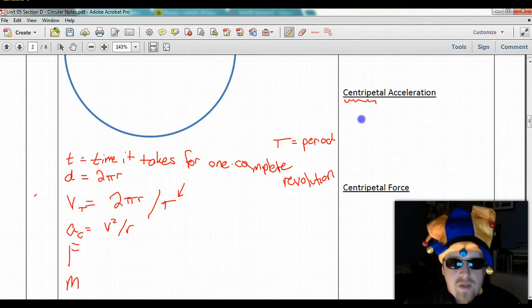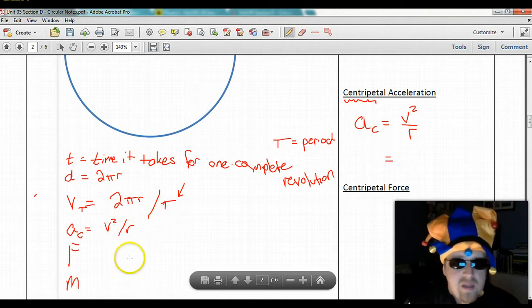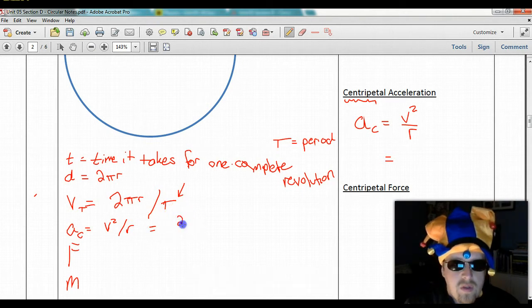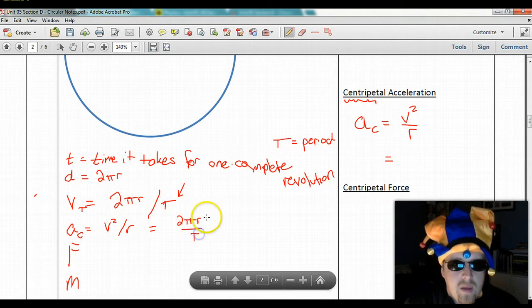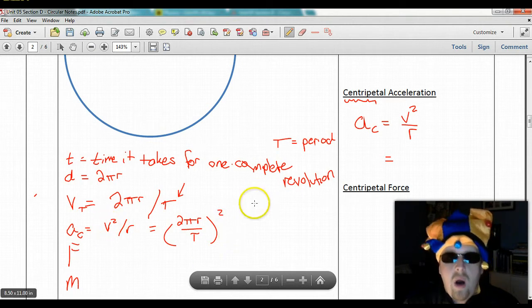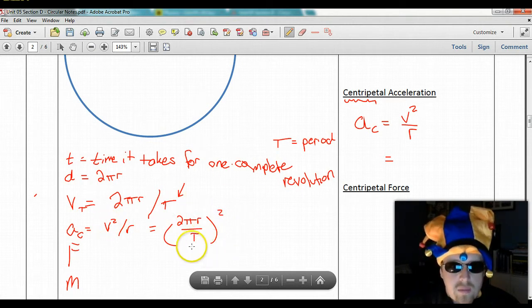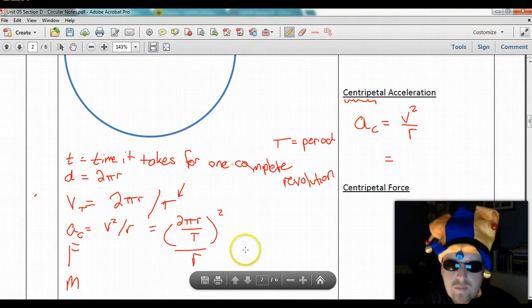So centripetal acceleration is equal to v squared over r, but it's also equal to v squared, so (2 pi r over T) squared, all over r.